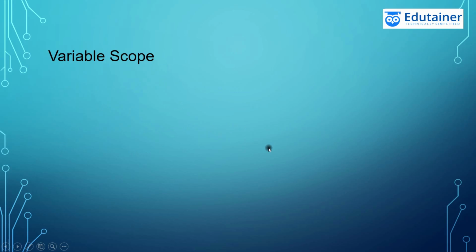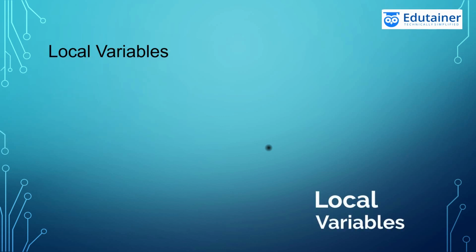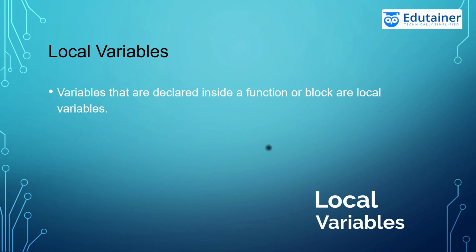Variable scope, a region where the variables are declared. Variable scope are those areas in which you will be declaring your variables. There are two types of scope: local variables and global variables. Local variables. Variables that are declared inside a function or block are known as local variables.